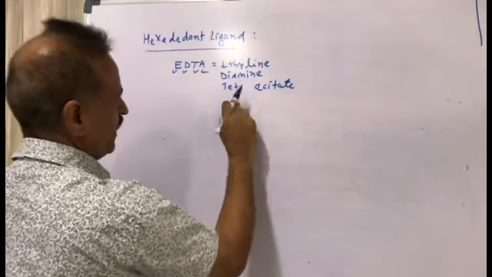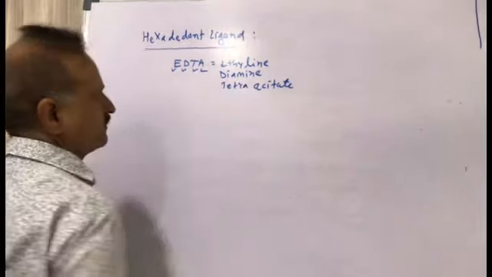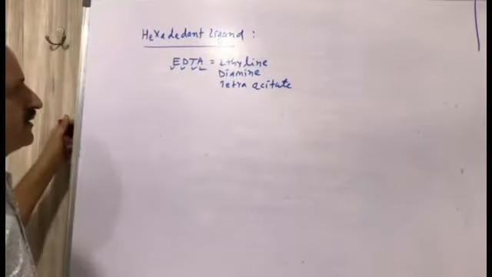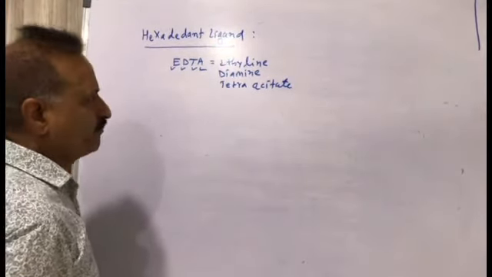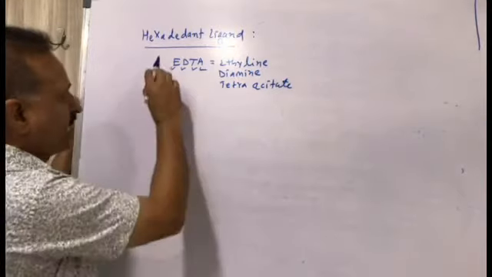It is known as EDTA. Ethylene diamine tetraacetate is the example of a hexadentate ligand.